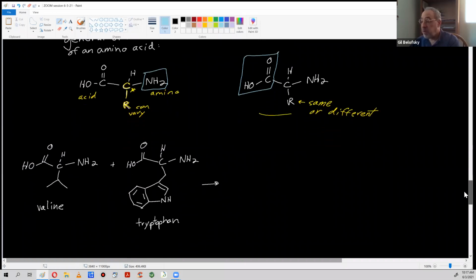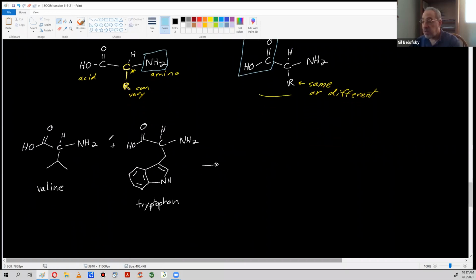So showing this reaction with a specific example, valine is an amino acid, tryptophan is an amino acid. Notice these are the R groups. There's an R group there, R group there. So bond forming kicks those electrons up.